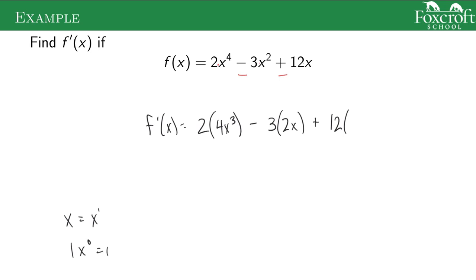So derivative of just x is 1. And now we can simplify. This is 8x cubed minus 6x plus 12. So you're just separating these out into smaller pieces. 3 individual pieces because of the plus or minus, and then we separate out those constants that are being multiplied until the end.